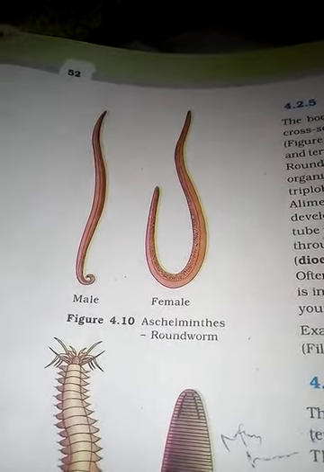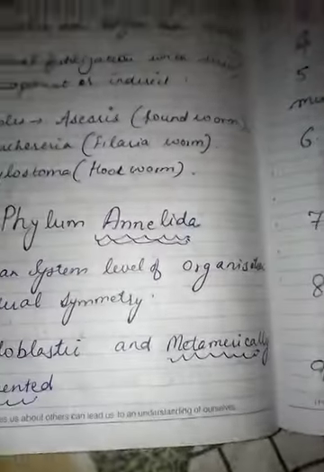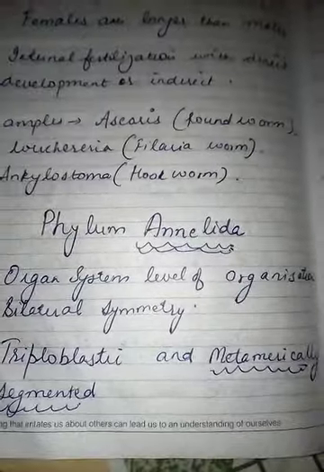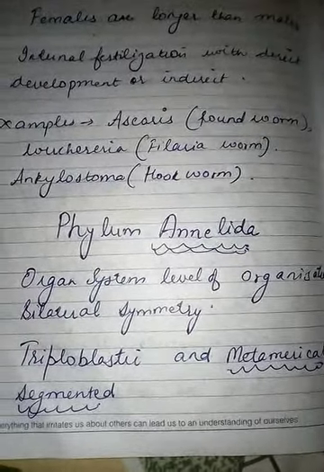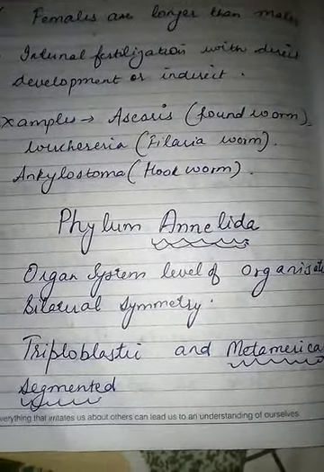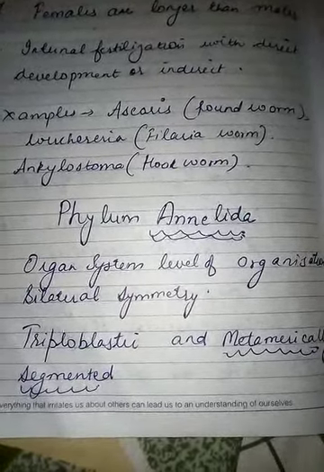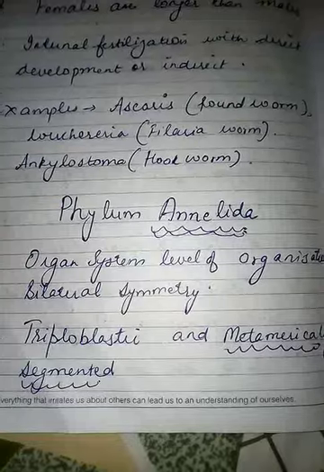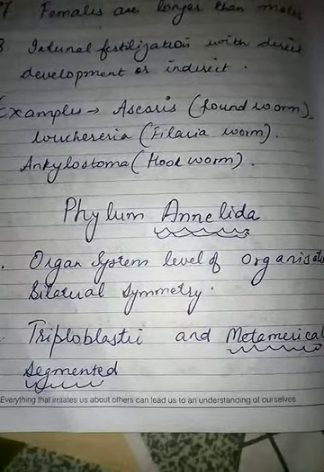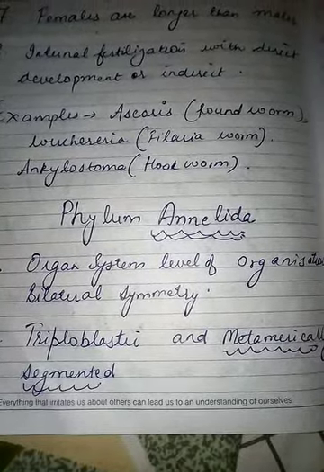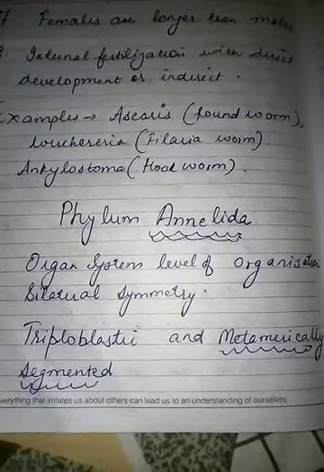Now comes Phylum Annelida, whose very important members are earthworm and Nereis. Nereis is an aquatic form. An important feature of phylum Annelida is metamerism, a segmented body.